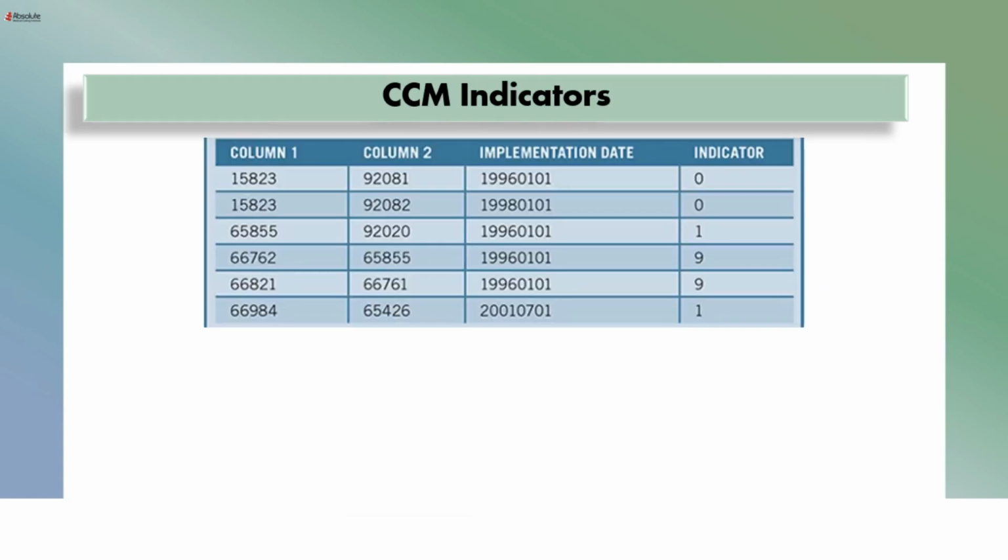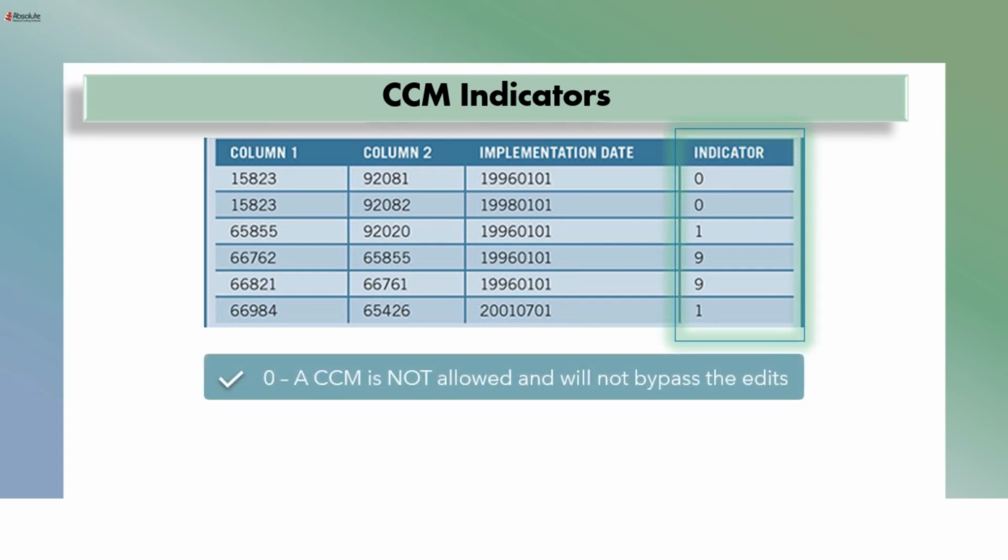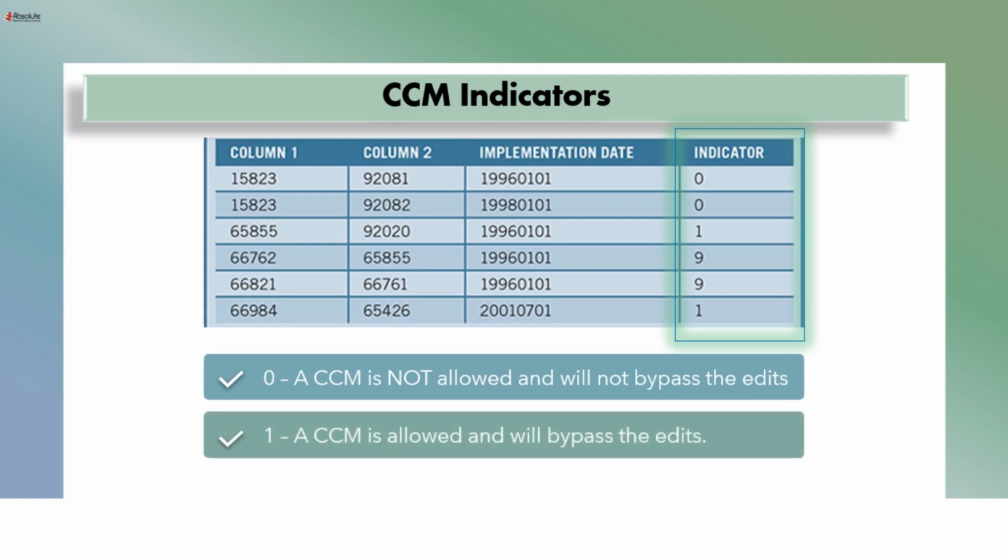Now, your correct coding modifier indicators are either 0, 1, or 9. A 0 is going to indicate that a modifier is not allowed and will not bypass the edit. A 1 indicator is going to indicate that a modifier may be allowed and will bypass the edit when appropriate.